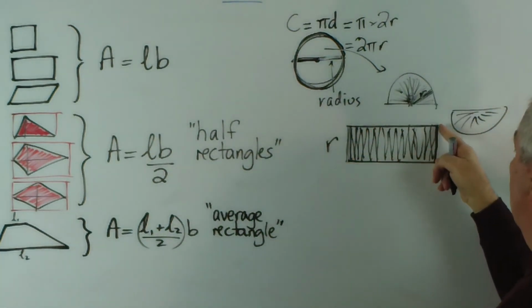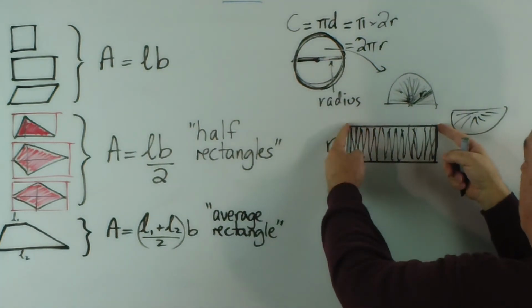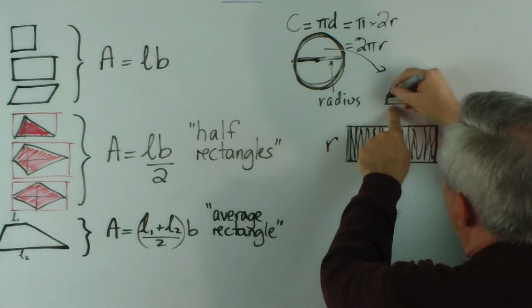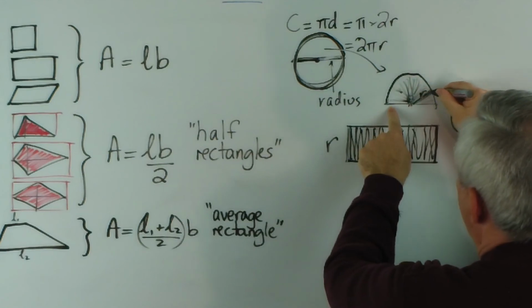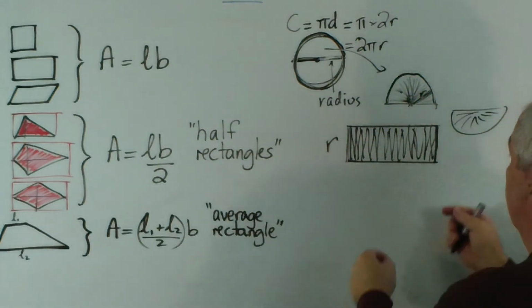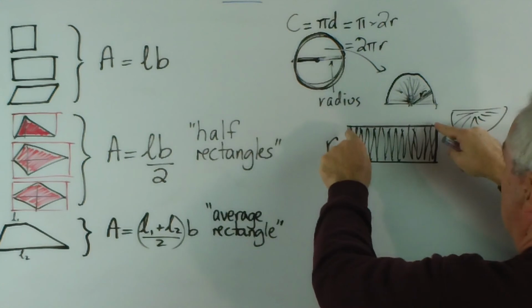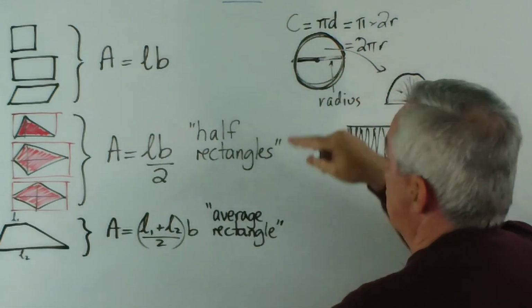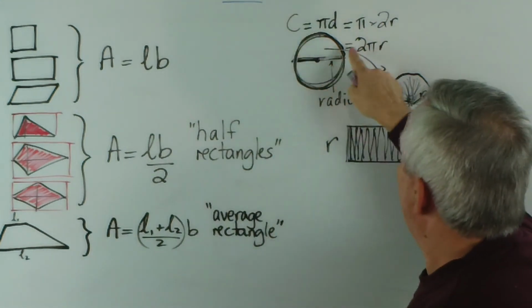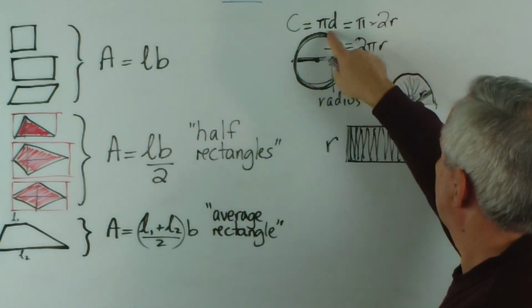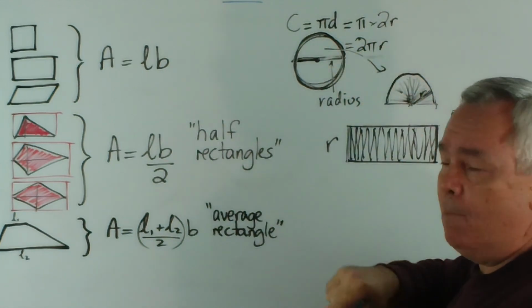How long is our rectangle? Well, it's the length around half the circle, because we straightened it out to get this. Now, what is the length around half the circle? Well, the distance around the whole circle is that. This is 3 different ways of writing it.